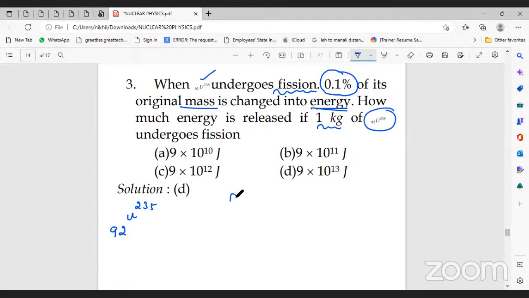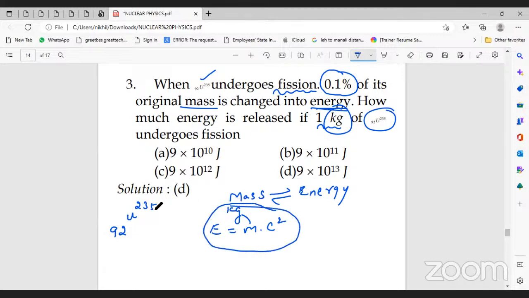Now, you know that mass is interconvertible into energy. So how to calculate the energy? Energy can be calculated if you know the mass in kg, using the formula E is equal to mc squared. So mass is 1 kg, but we have not taken the complete mass, only 0.1% of that 1 kg.